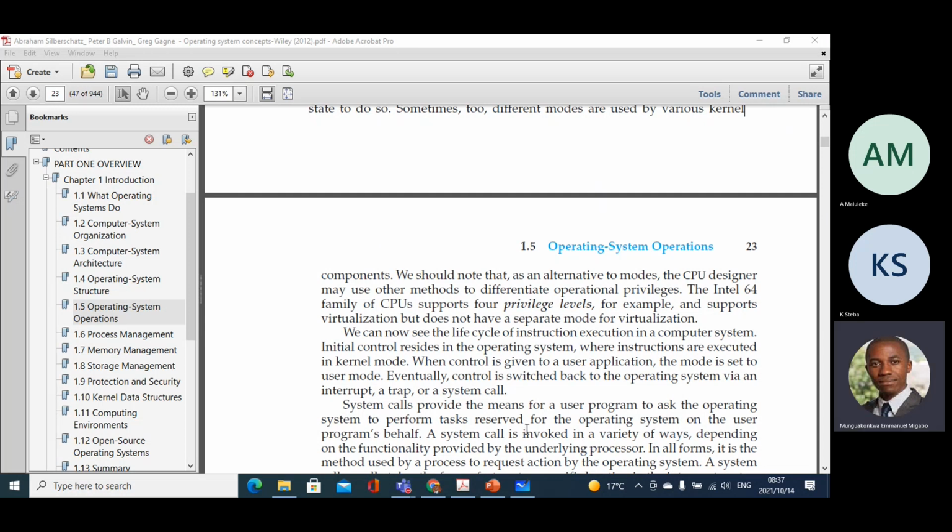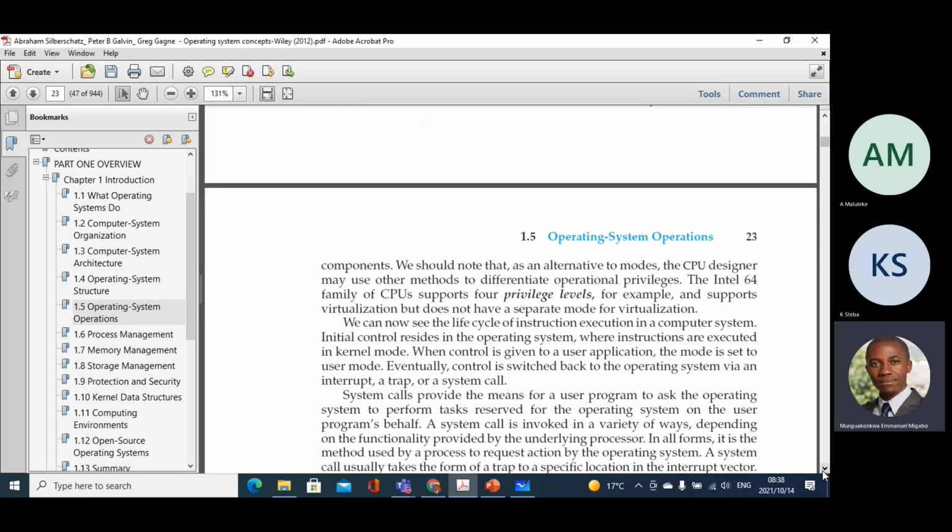A system call is invoked in a variety of ways, depending on the functionality provided by the underlying processor. In all forms, it is the method used by a process to request action by the operating system. I think that's the best definition of what a system call represents.